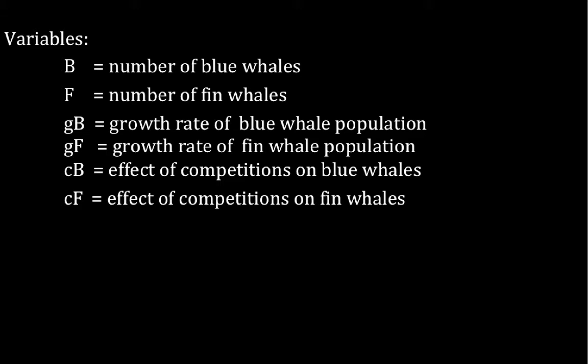GB and GF, growth rate of blue whale and fin whale populations respectively. CB and CF, effect of competition on blue whales and fin whales respectively. Now, assumptions. Before I explain the assumptions of the example, let me give an equation.